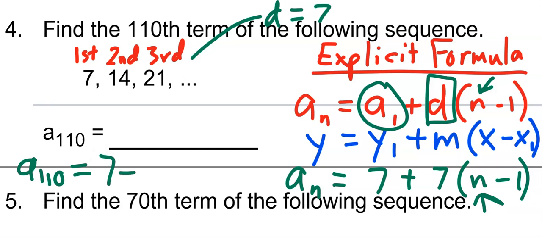110. So take your calculator. Now, if you're good enough to subtract 1 from 110, you can type 109 in there, right? But if you don't want to mess with it, you can type it exactly the way you see it.